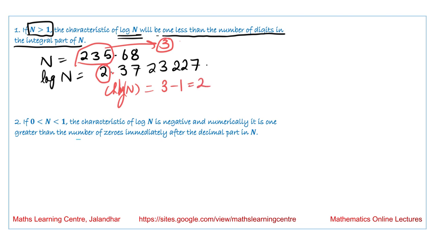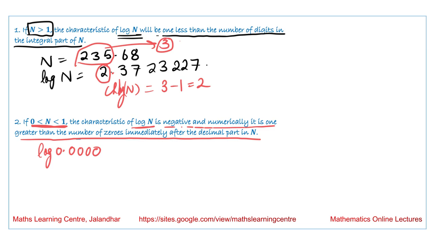Next we are saying, if n is between 0 and 1, that is, n is less than 1, then the characteristic of log n is negative and numerically it is one greater than the number of zeros immediately after the decimal point in n. Suppose we are talking about the value of log of 0.0000279.